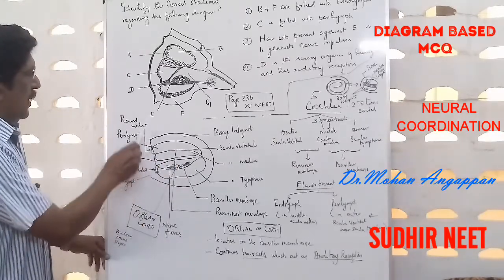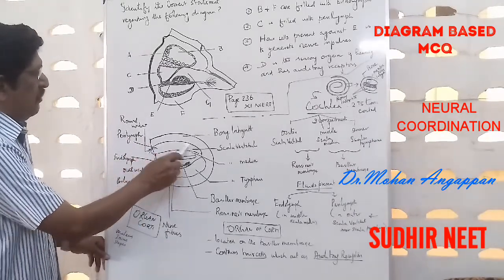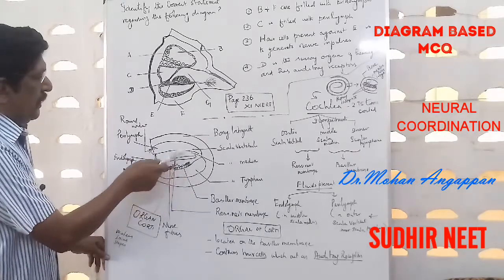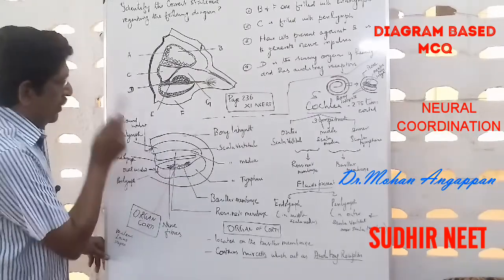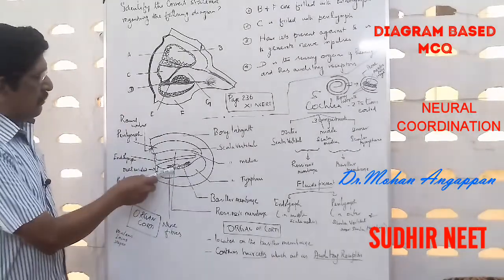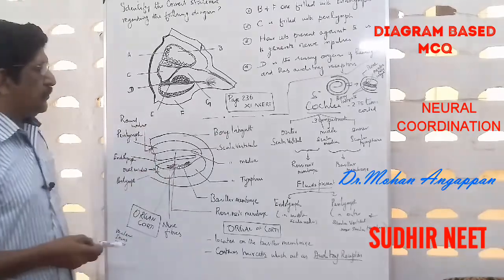So through the round window the vibrations come here, and enter into the inner compartment where the basilar membrane is present.